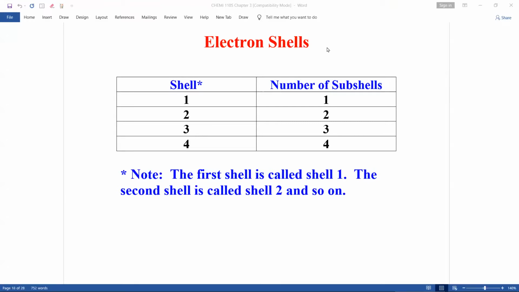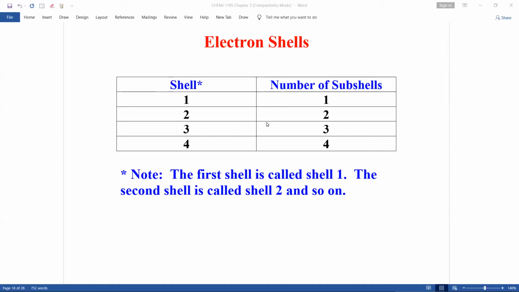Now, each shell has subshells, and subshells are the area where electrons have the same energy and are the same distance from the nucleus. Shell 1 only has one subshell, shell 2 has two, shell 3 has three, shell 4 has four.